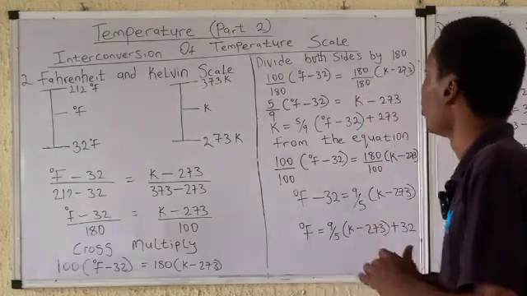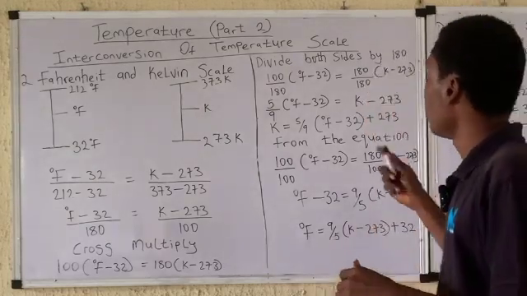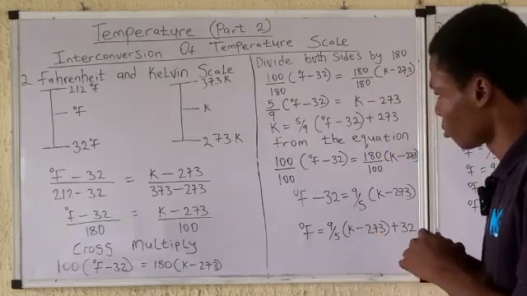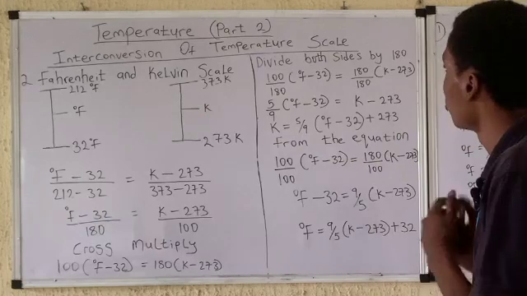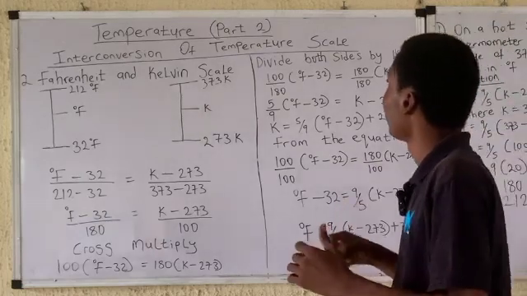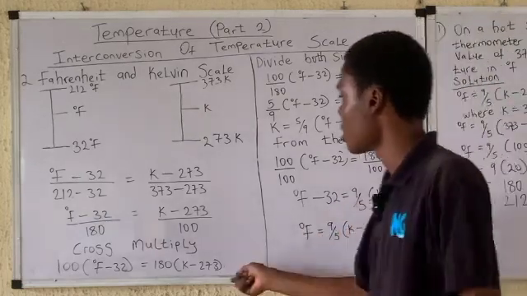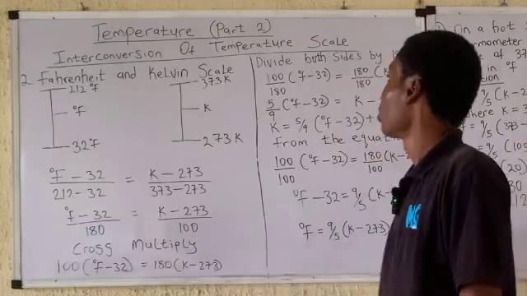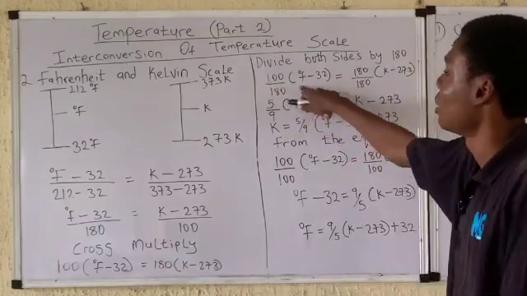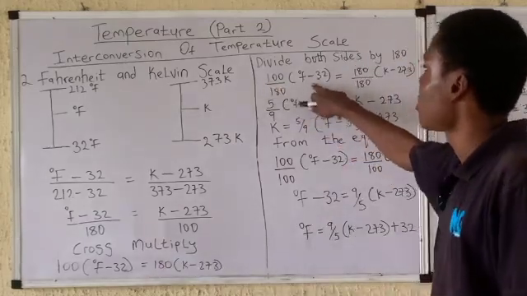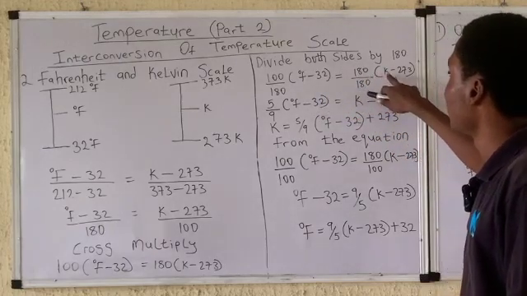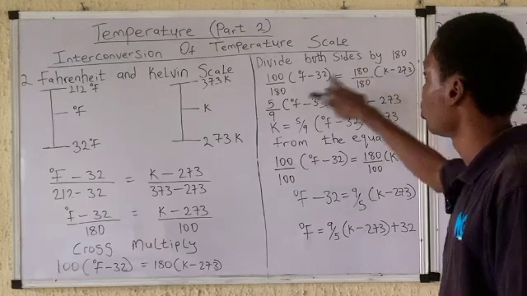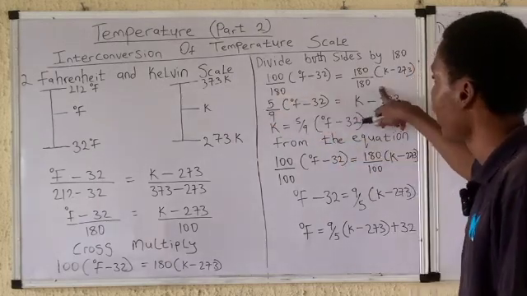Now we are looking for Kelvin. We are looking for Kelvin, so we divide both sides by 180 using this equation. So we have 100 in bracket F minus 32 equal to 180 in brackets Kelvin minus 273. So we divide by 180.